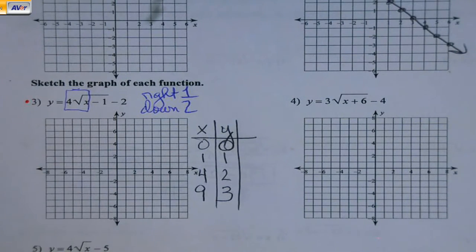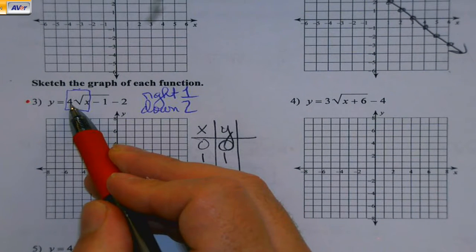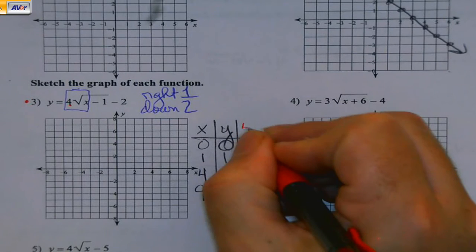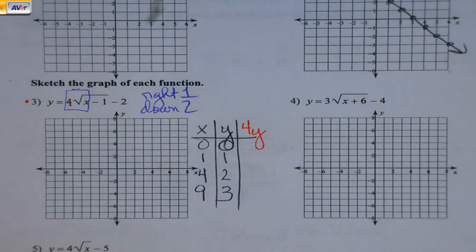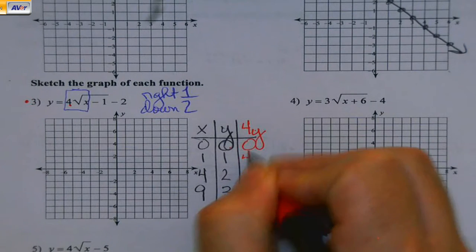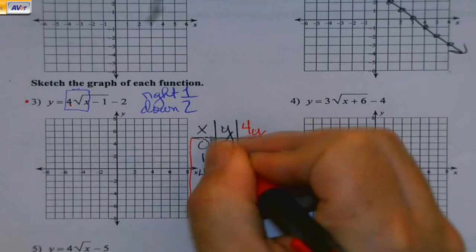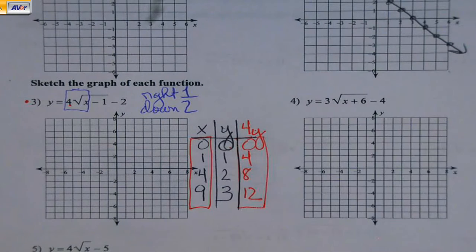For this one, my parent points, since I have a number in front, I have a coefficient, I've got to multiply all my y values by 4. So my x values stay the same, but my y values for my parent points will change.